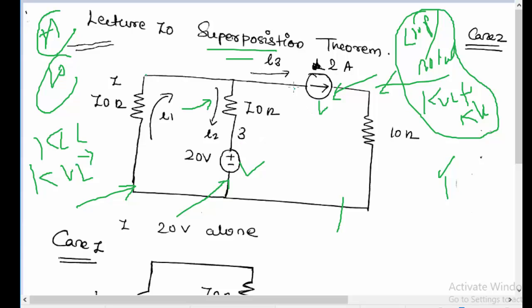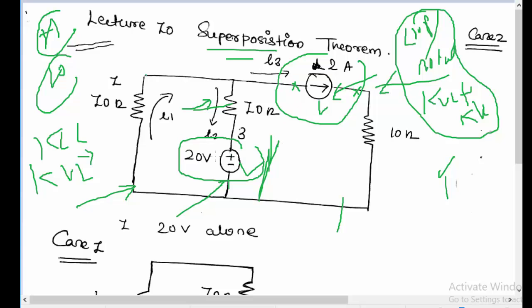In the case of a current source, which is an active element, we will open circuit it when we are not considering it. And when there is a voltage source, if we are considering this independently and solving it first, we will find I2, and then we will consider the other one only and short circuit this at that time.